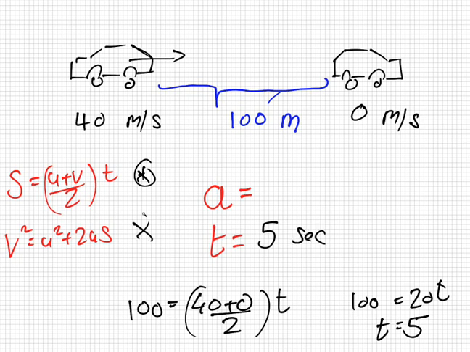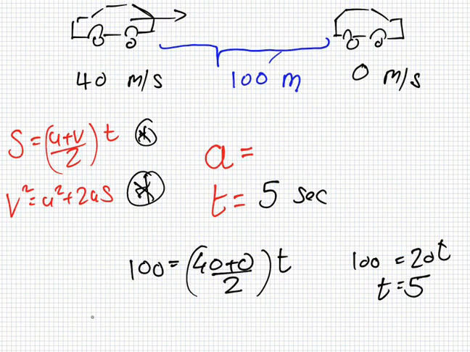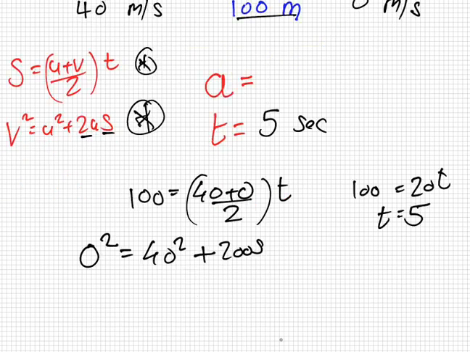Now I'll use this one now. V squared equals U squared plus 2AS, 200A, because it's 2 and S is 100. So that means minus 40 squared equals 200A. Sorry, yeah, I always do that.